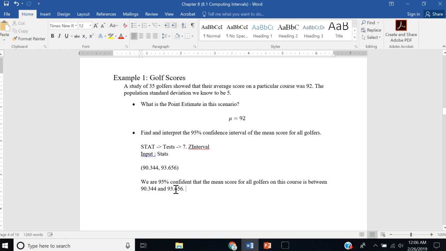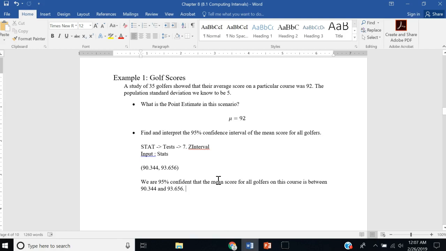So it's very possible that an individual can get like 97 points or 100 points or strokes, whatever. But the average, when you average all the golfers out, the average should fall somewhere between here and here. So there you go.